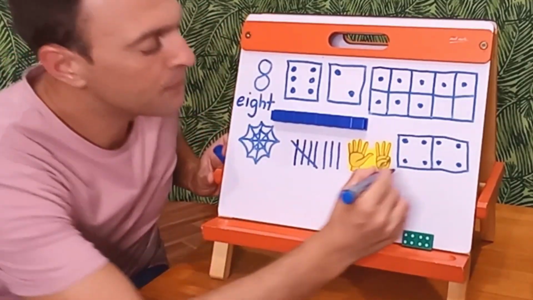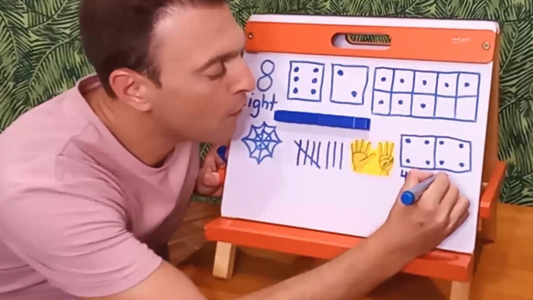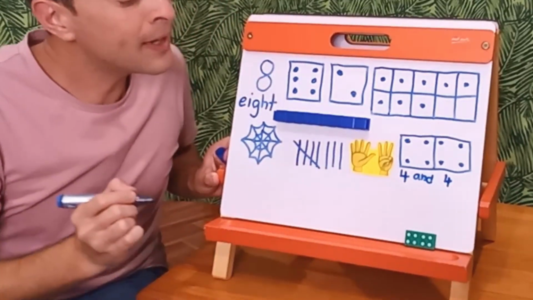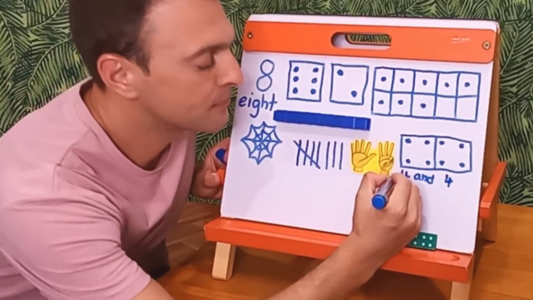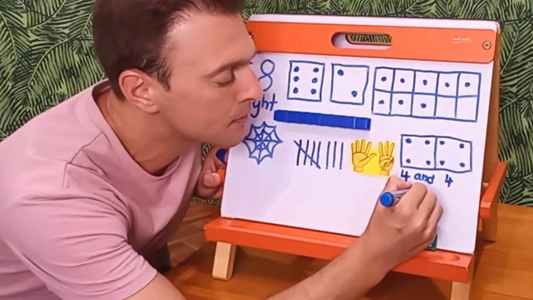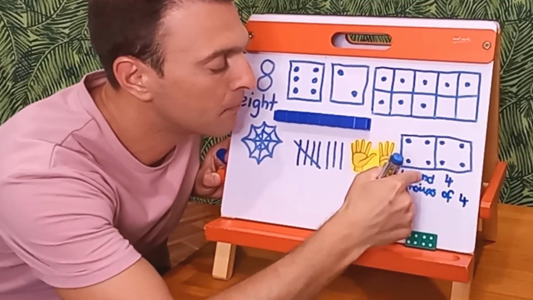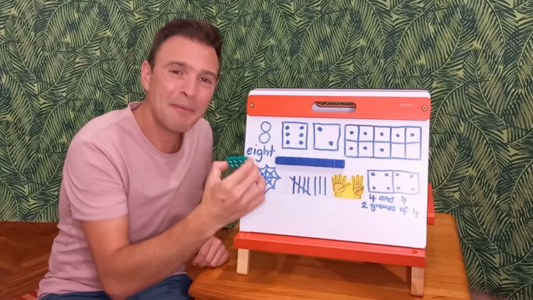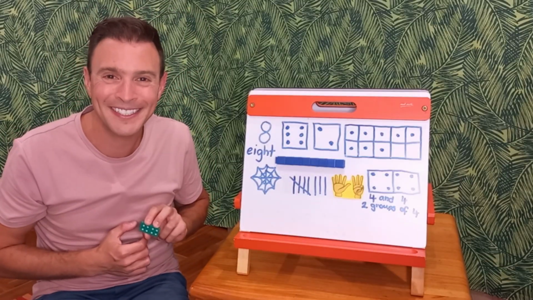So this shows 4 and 4. We can also write that as 2 groups of 4. Play with some dominoes this week. I wonder how many blocks you'll find that show 8.